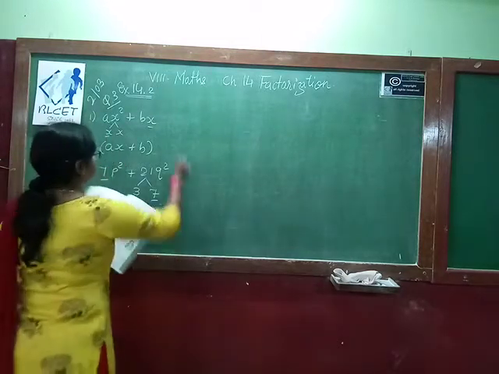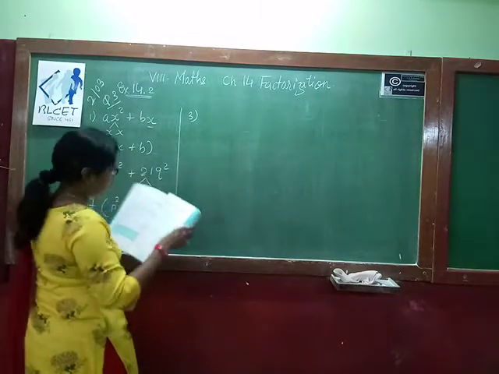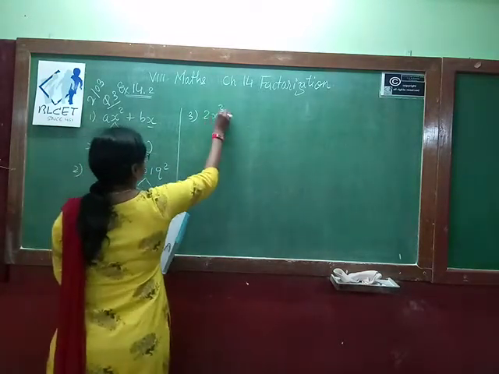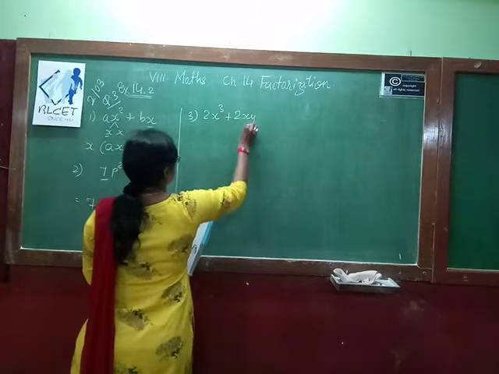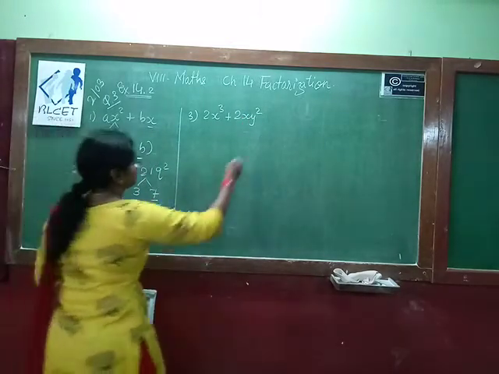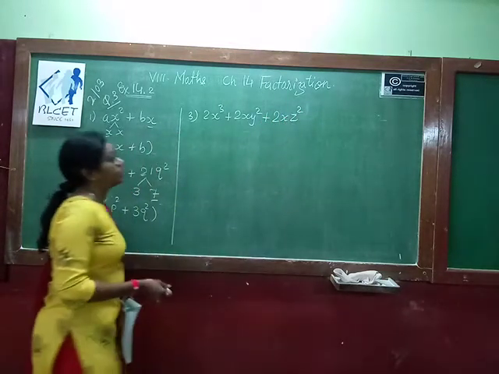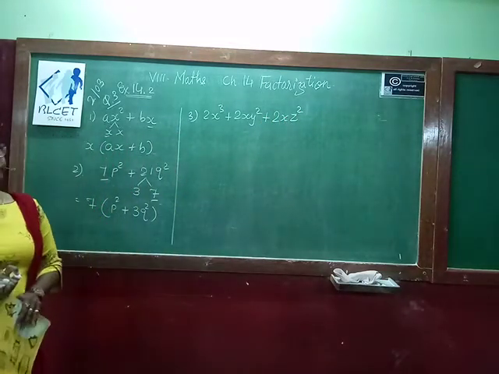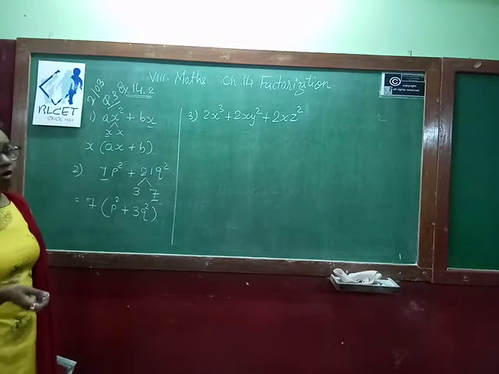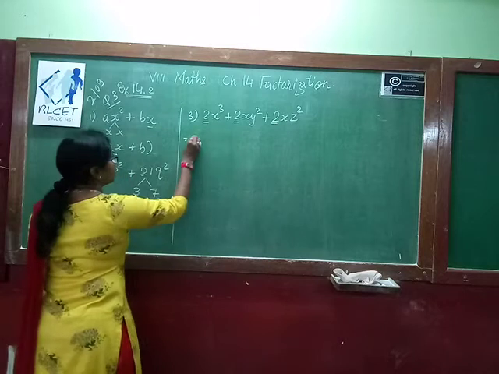Third, you have 2x cube plus 2xy square plus 2xz square. You have given 3 terms, so from all the 3 terms, what is common? 2 is common, so take 2 out.